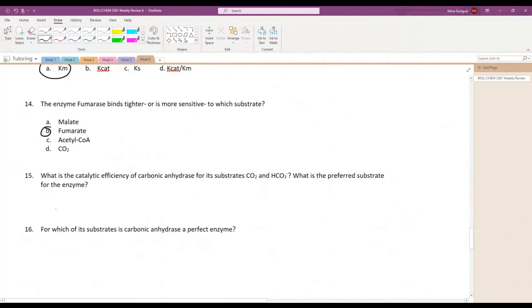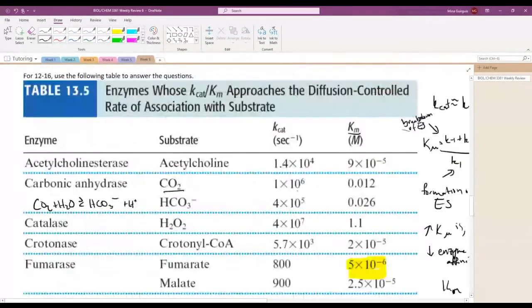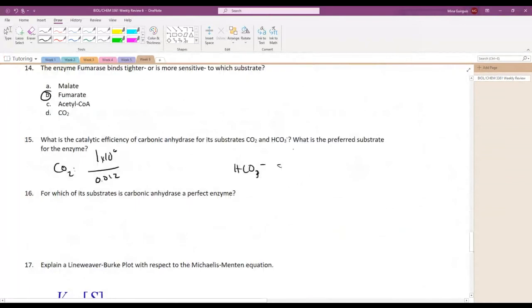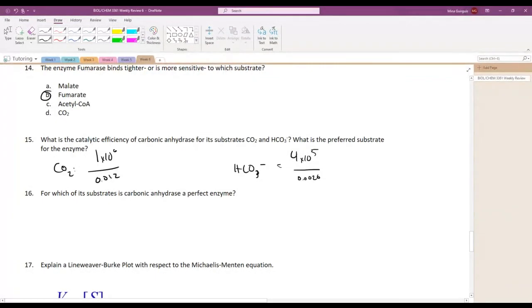So for CO2, it's 1 times 10 to the 6th over 0.012. And for HCO3 minus, I believe it was 4 times 10 to the 5th, but let me double check. 4 times 10 to the 5th, good, okay. 4 times 10 to the 5th over 0.026.